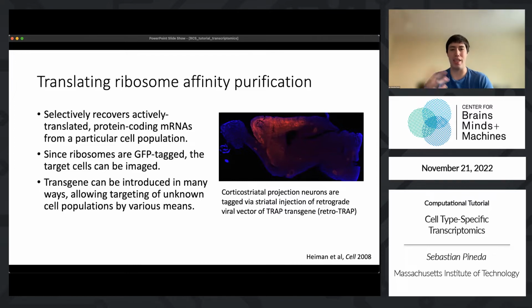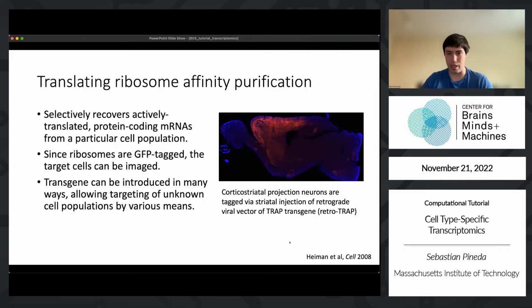Furthermore, because you can introduce the transgene in many different ways, you're not restricted to just recovery of a specific cell population by molecular marker. You can, for example, put the transgene into a retroviral vector and ask, what cells are projecting here?